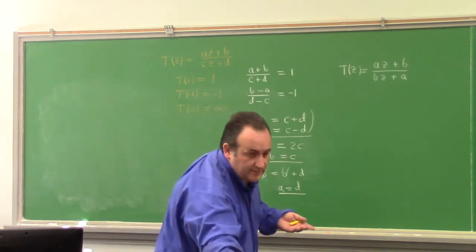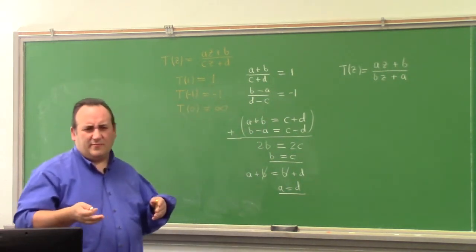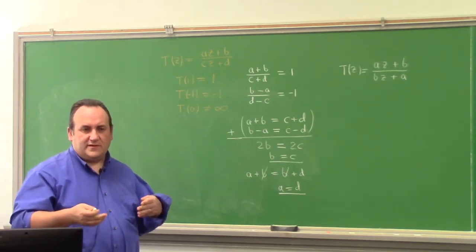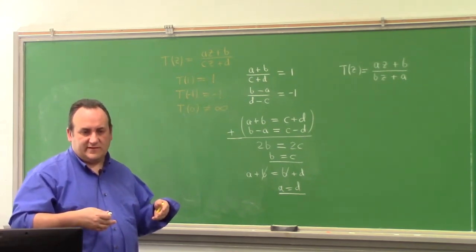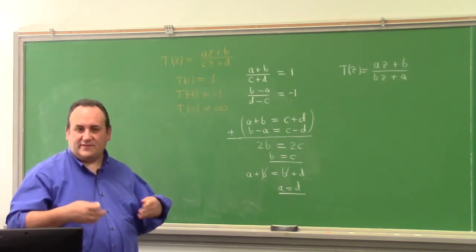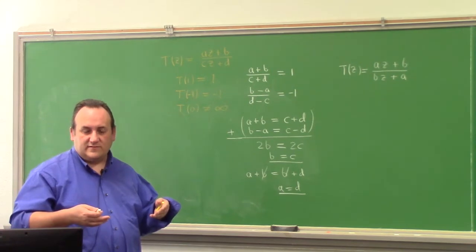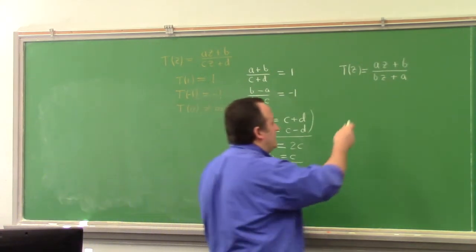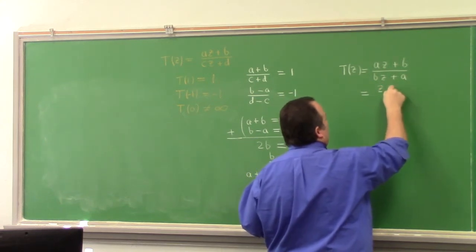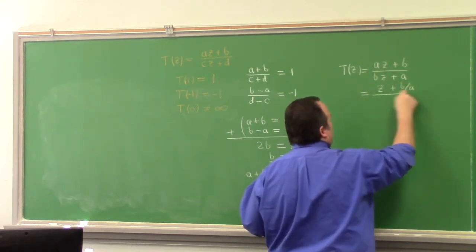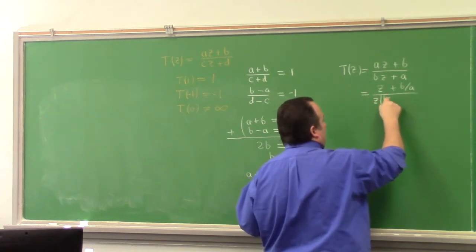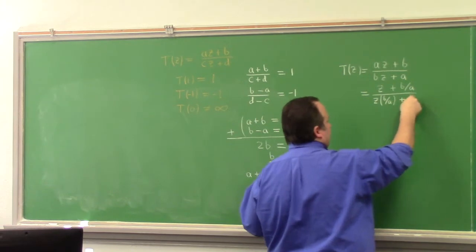And so, okay, fine. Now, the problem asks you to write the formula in a certain way, right? You want to create a +1 in the denominator? Isn't that right? So if you think about that, how can that happen? That has to happen from dividing by a, right? So we divide the top and the bottom by a. Dividing by a gives us what? It gives us z plus b over a divided by z times b over a plus 1.